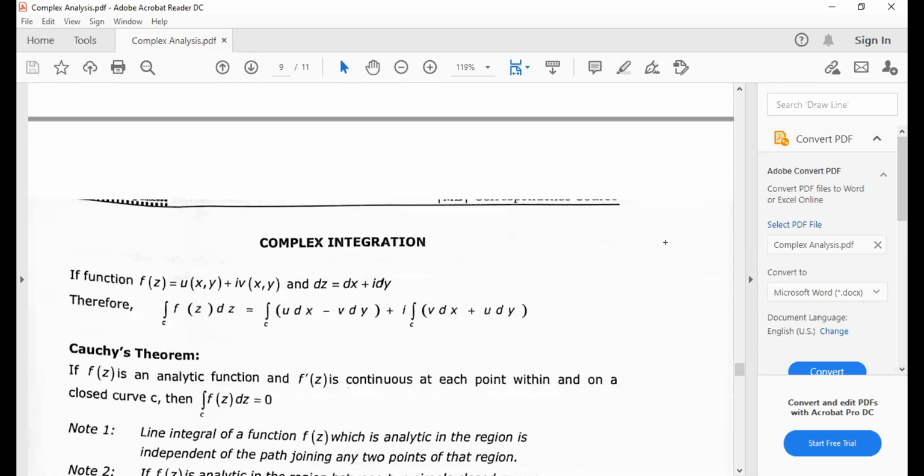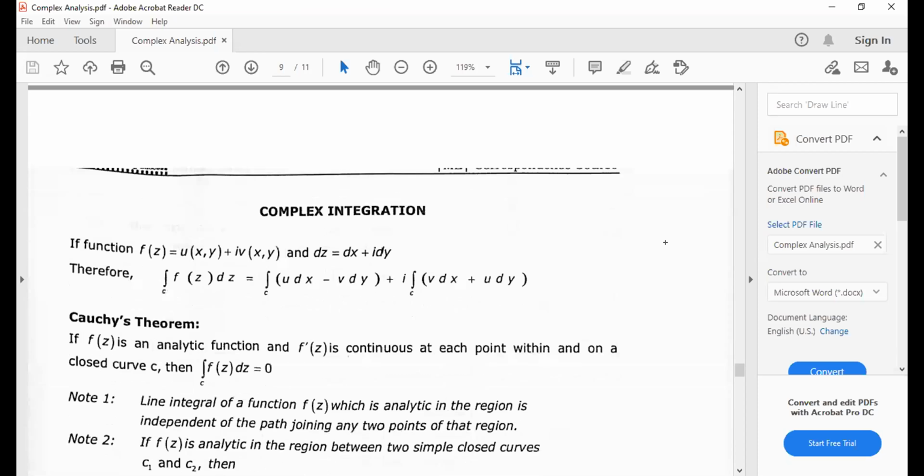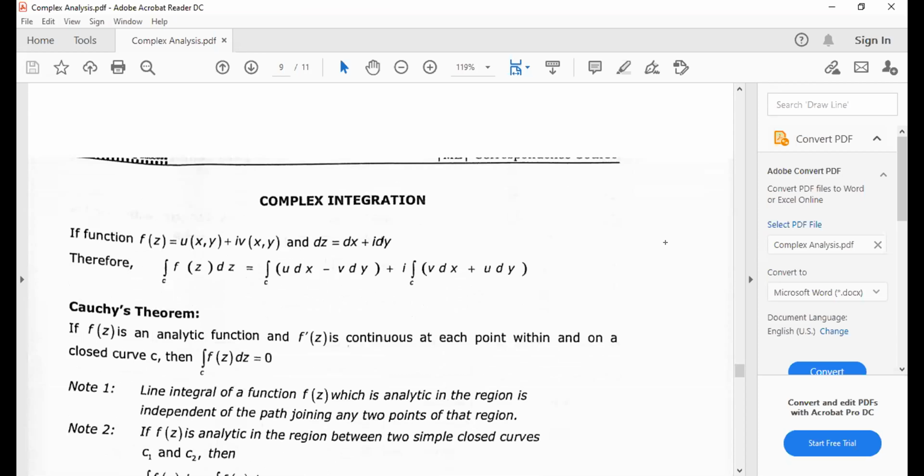So the next topic is complex integration. Whenever the function is a real valued function, we can integrate it directly with respect to whichever variable is there. But if it is a complex valued function, then you have to integrate the real part as well as the imaginary part separately.